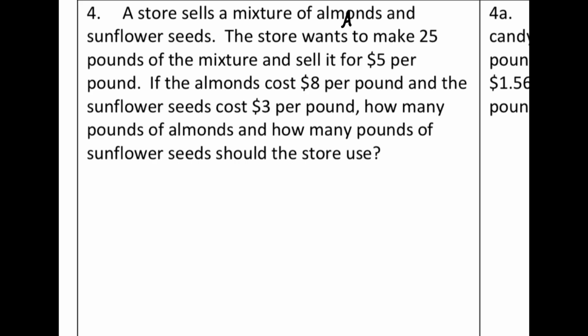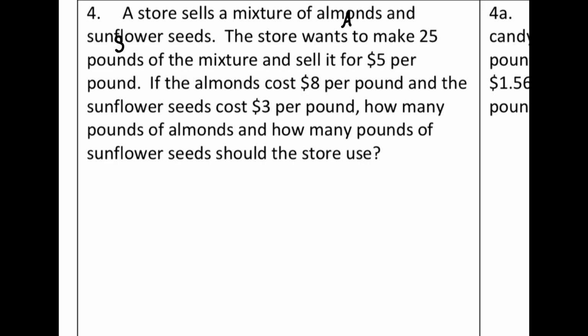So A and S is what I'm going to use. The store wants to make 25 pounds of the mixture and sell it for $5 a pound. The almonds cost $8 a pound and the sunflower seeds cost $3 a pound. How many pounds of almonds and how many pounds of sunflower seeds should the store use?